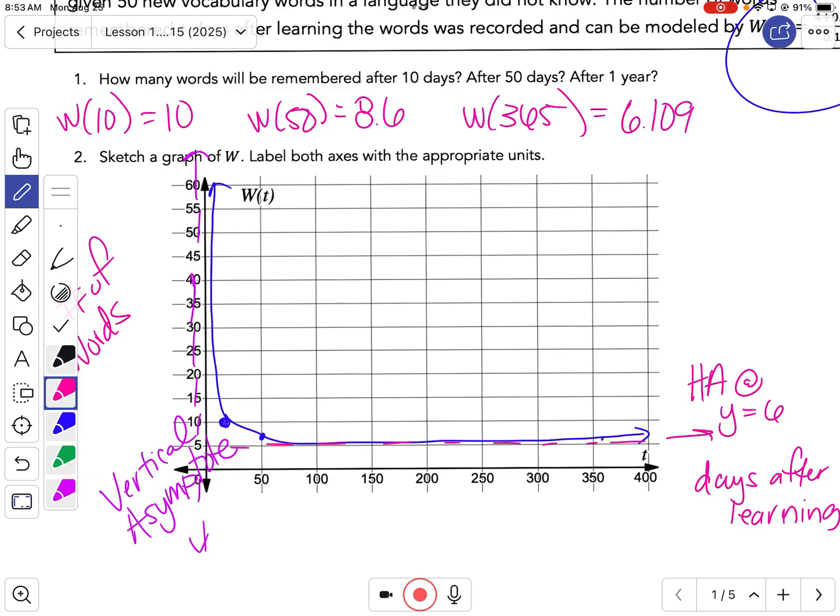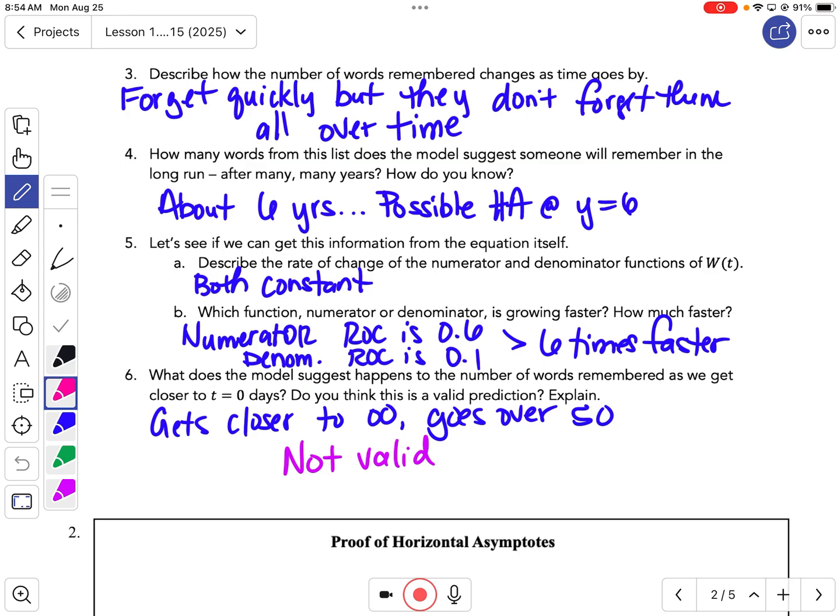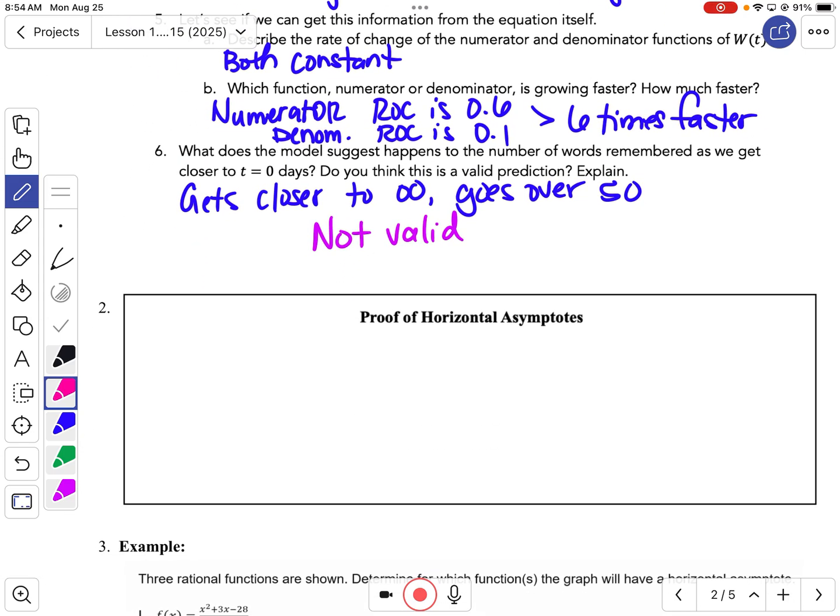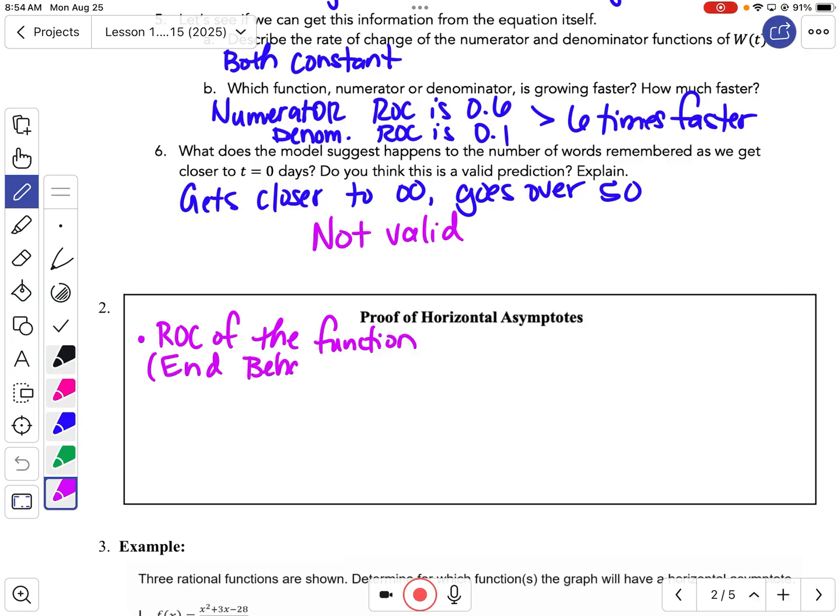Okay. And so what I want us to do is just kind of formalize, what does it look like for a horizontal asymptote? How do we know that we have a horizontal asymptote? Okay. And so in order to do that, we're looking at a couple of things. So proof of our horizontal asymptote. We're basically talking about the end behavior of the function, or the rate of change of the function, or our end behavior.